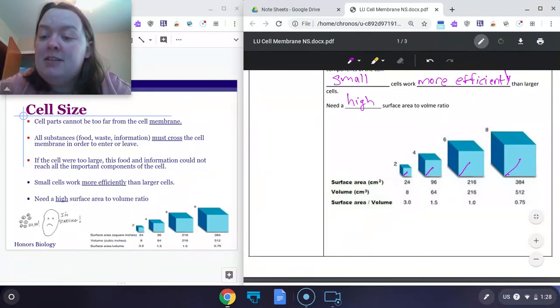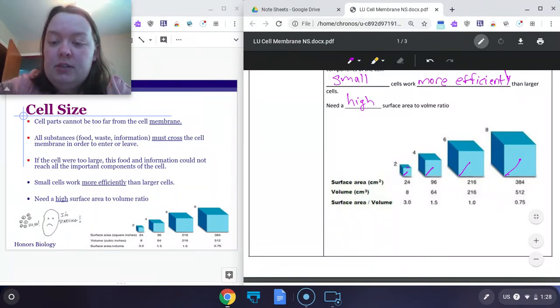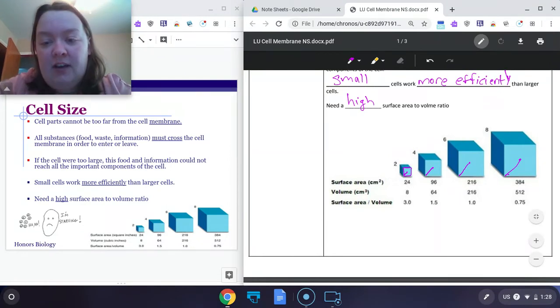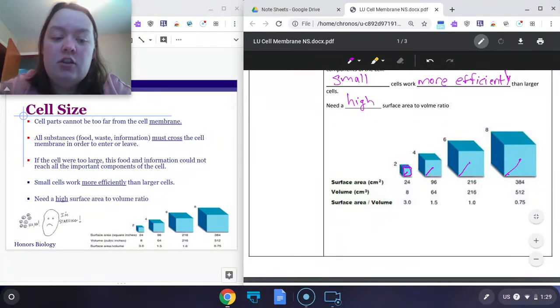Meaning, if my cell is really large, it's going to take so much longer to get my nutrients in, to get my waste out, to get information where it needs to be. Therefore, the smaller the cell, the faster it's going to transport information, get nutrients into the center, communicate, and get all the waste out. And this cell has a high surface area to volume ratio because there's more room on the outside than there is on the inside.